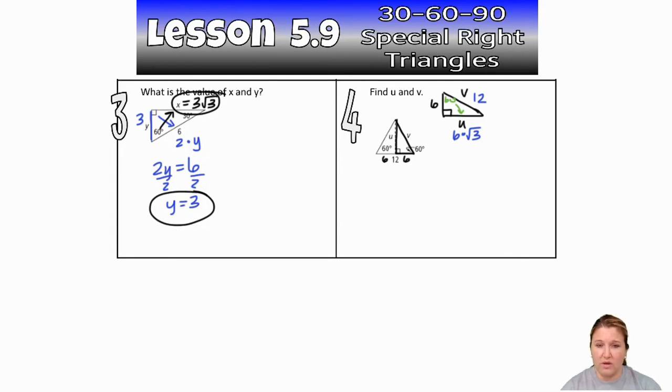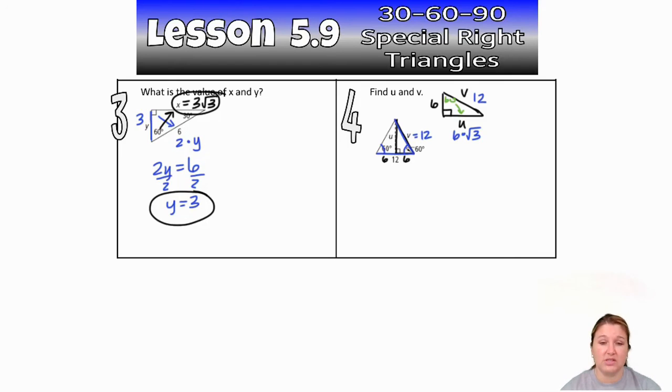Now, knowing that this is an equilateral triangle, I knew that this side length has to be equal to this side length. So V equal to 12 makes sense. Okay, that would be correct there. And I knew it was an equilateral triangle because of the 60-degree angle measured here and here. So that's another hint as well.